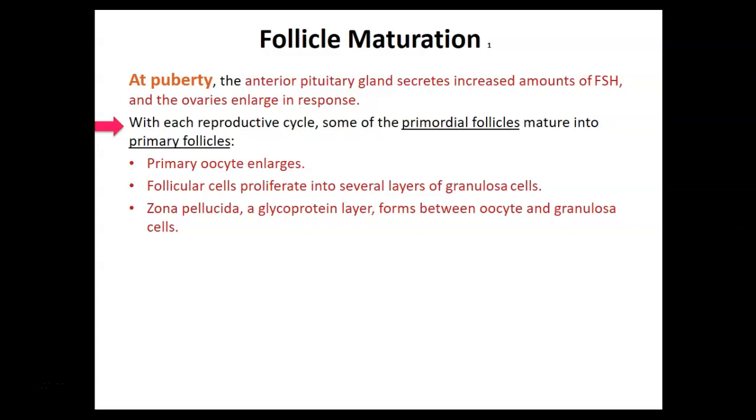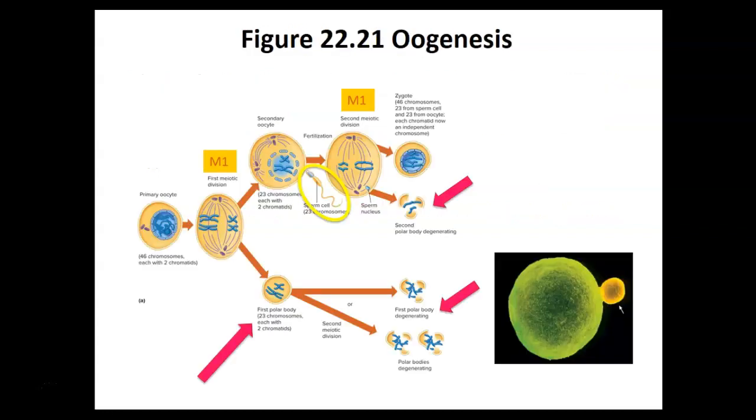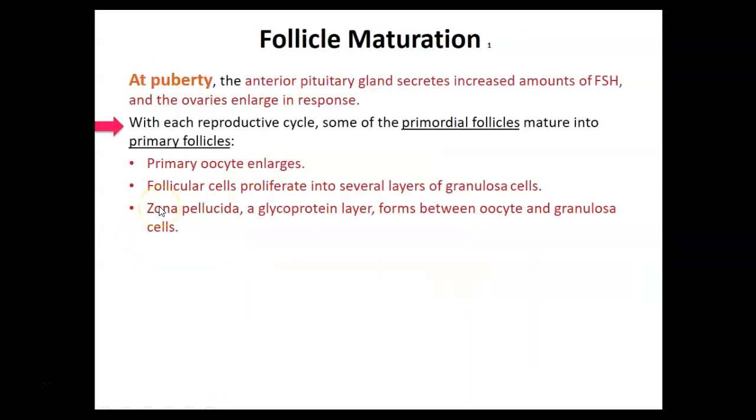So every time there's a reproductive cycle or a menstrual cycle, some of these primordial follicles are going to mature into primary follicles. So primordial follicles are these progenitor precursors that are just kind of waiting to be selected for maturation. And if they're selected for maturation, they're going to become the primary follicles that we saw here. This is going to be your primary oocyte here.